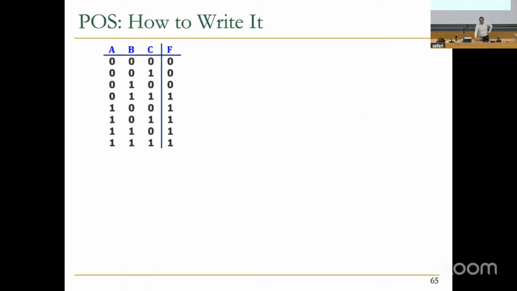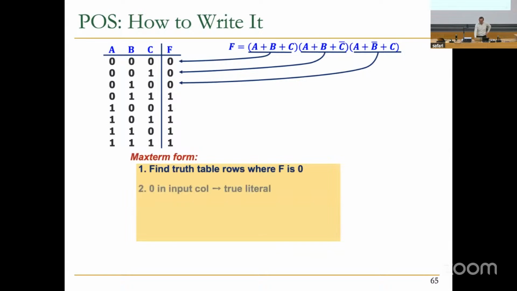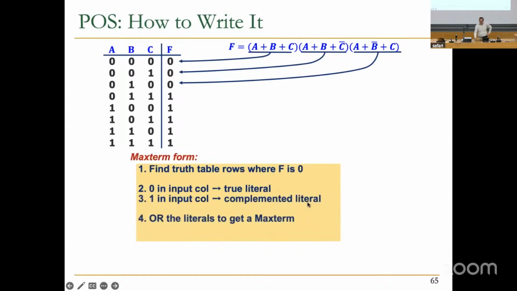Okay, so how do you write it? Essentially, you need to figure out the parts where the function is 0, or input combinations, truth table rows, in other words. If you have a 0 in the input column, it's a true literal. If you have 1 in the input column, it's complement literal. You OR the literals to get a max term, which is basically this. For example, let's take a look at this one. 0, 1, 0.